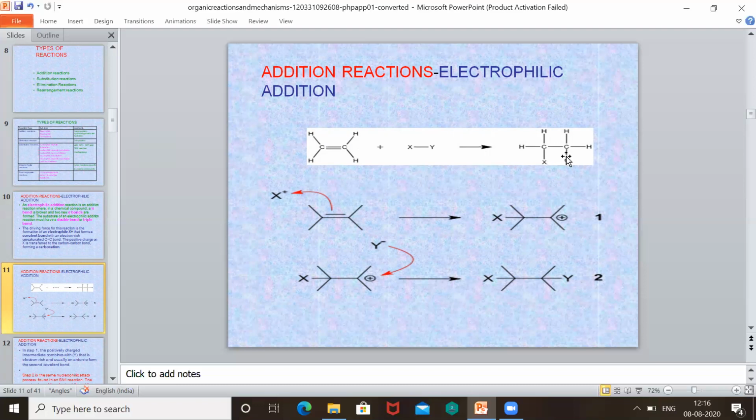Like this, the pi bond is breaking, it is attacking X. On the other carbon, the positive charge is transferred, and the remaining negative ion attacks that positive carbon. And we get this compound.